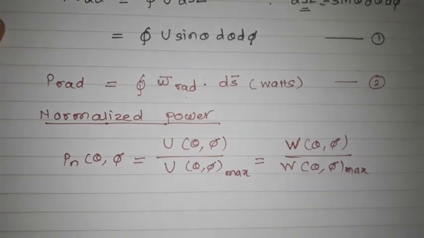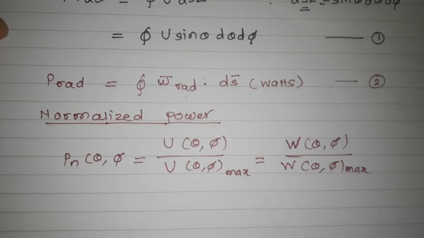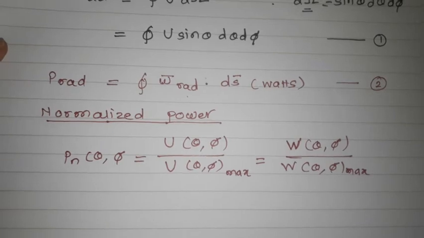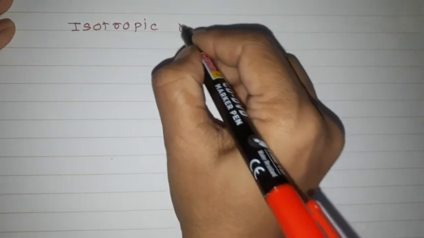For more understanding of these parameters, let us find the radiation intensity for an isotropic radiator. We know that an isotropic radiator radiates an equal amount of power in all directions.